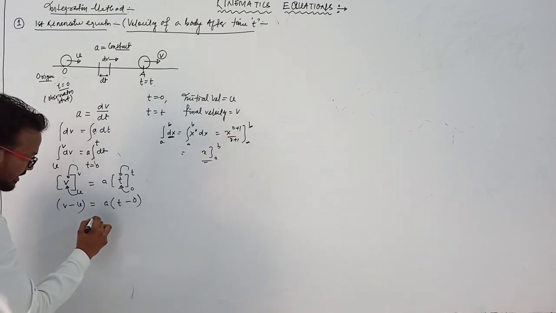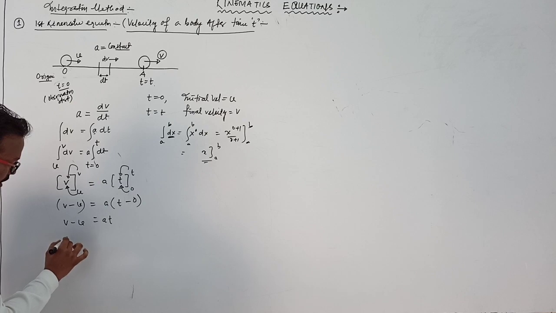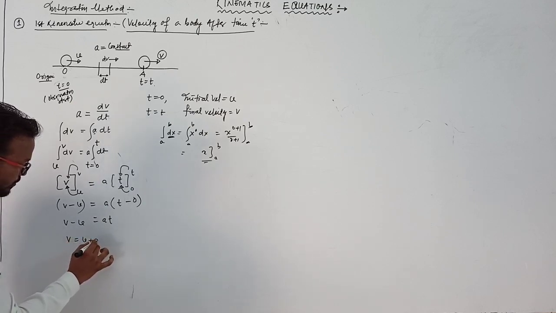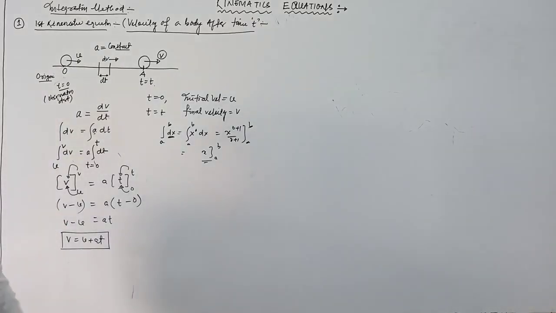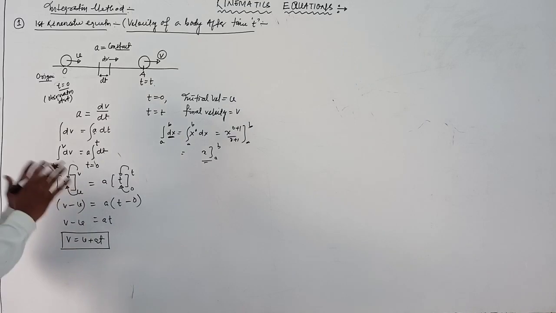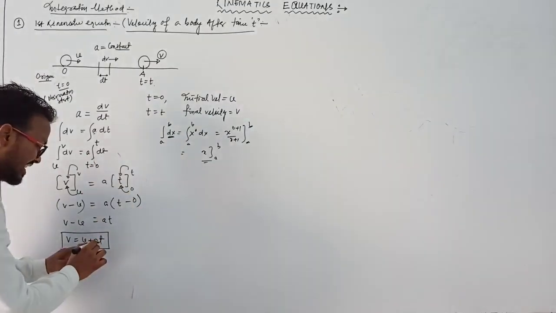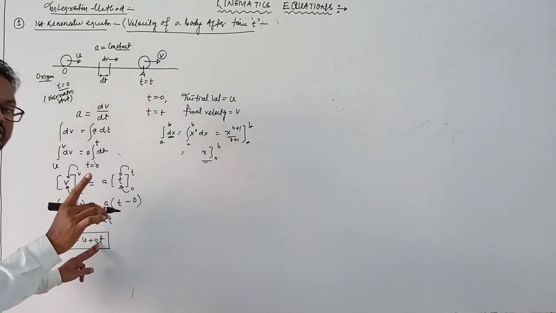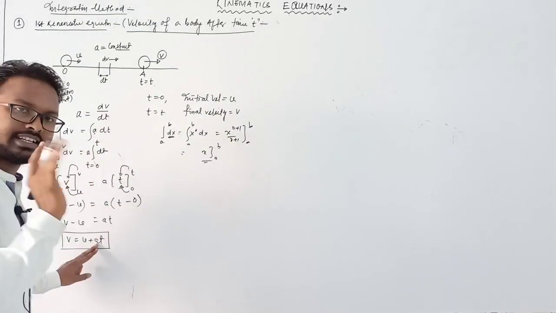Then a t equals v minus u, or v equal to u plus a t. This is known as the first equation of kinematics, and this equation is very important. We can apply this equation only when the acceleration of the body is constant. This relation is only valid for constant acceleration.